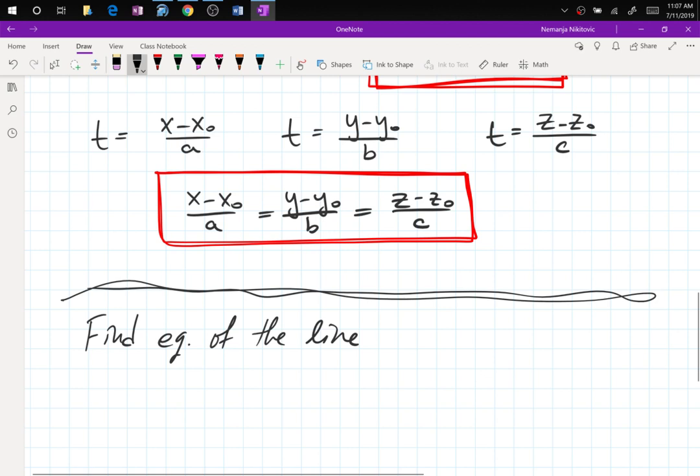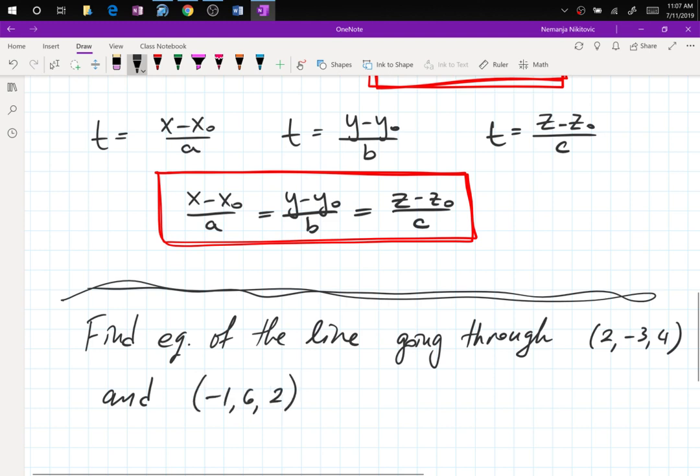So find all three parametric equations of the line going through, and then you just come up with whatever points you want: 2, negative 3, 4, and negative 1, 6, 2, whatever, doesn't matter.